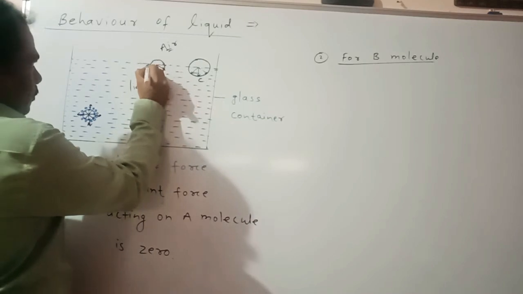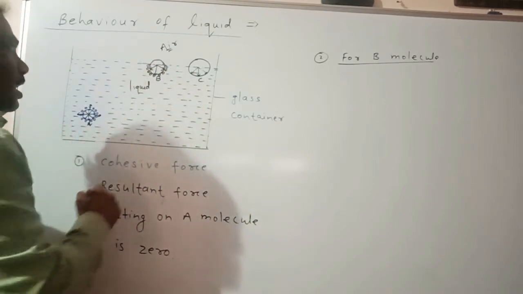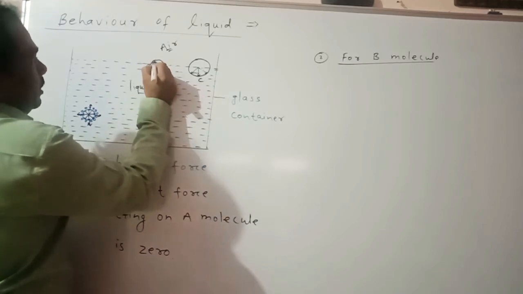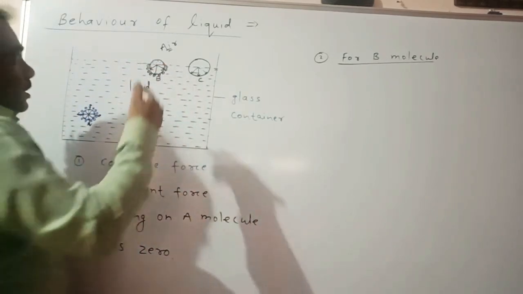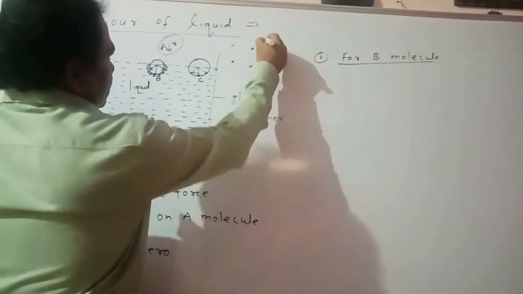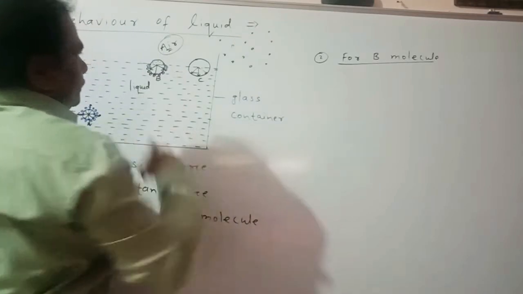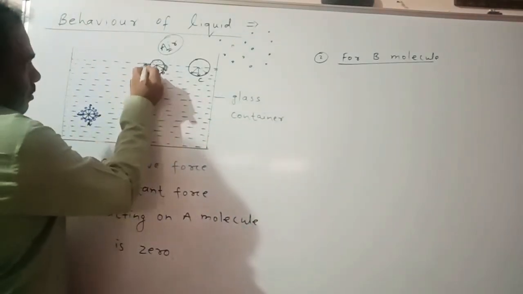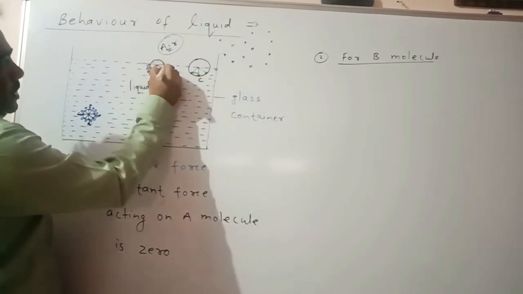So below the water surface there are a number of water molecules, and in the minor part of the sphere of influence there are air molecules. We know air molecules are always separated from each other, far away from each other. But water molecules are not far away from each other; they are closely bound to each other.